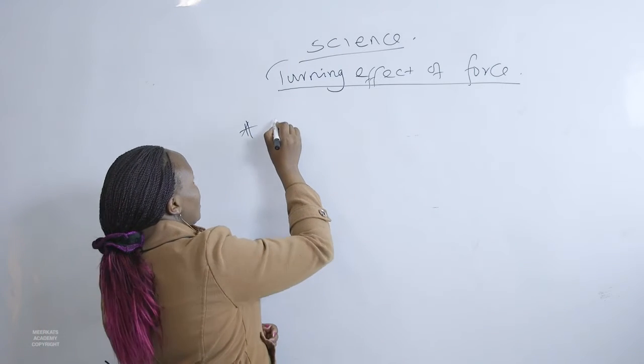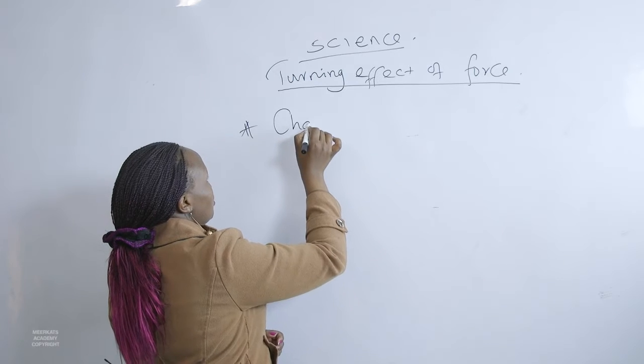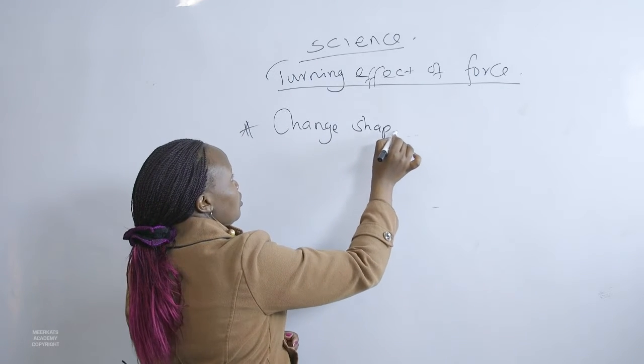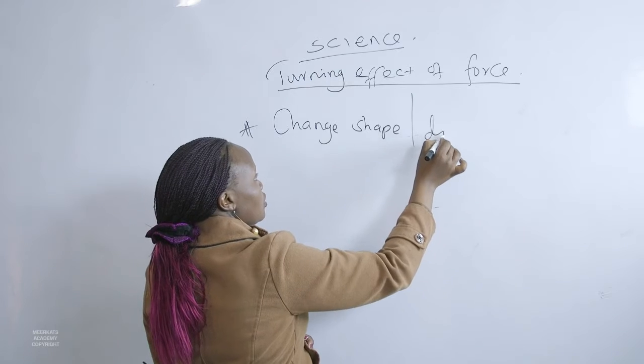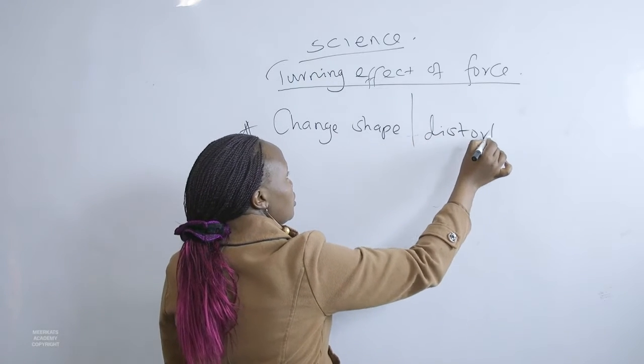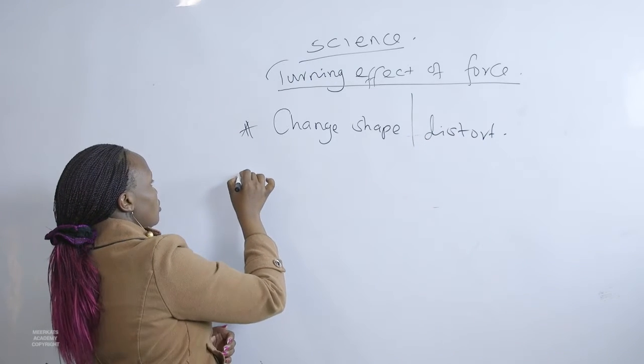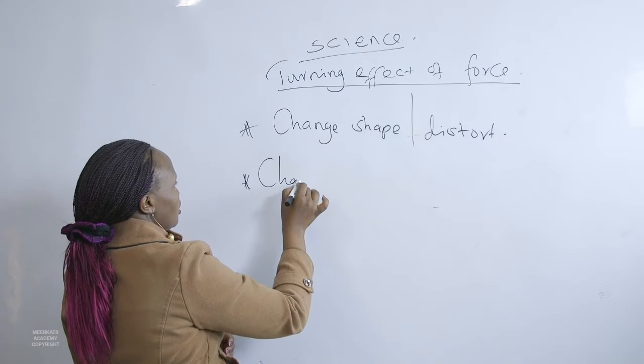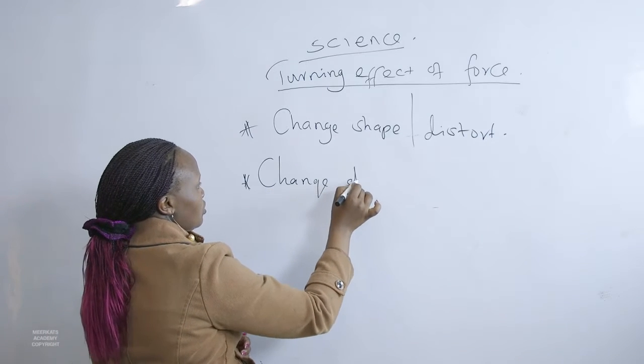One is that it can change shape or distort an object. Number 2 is that force can change direction.